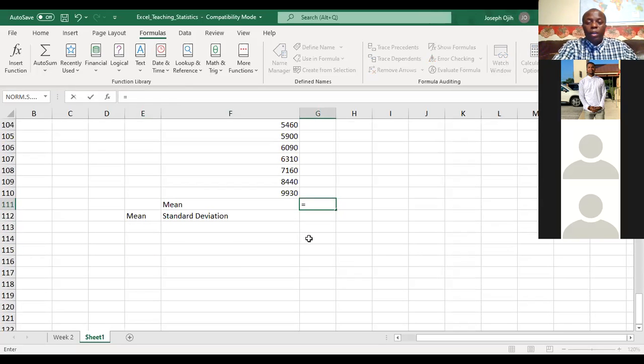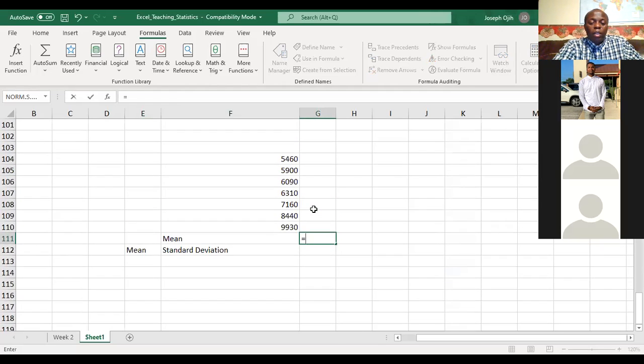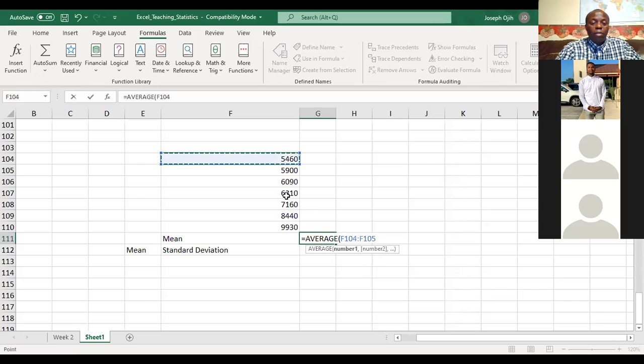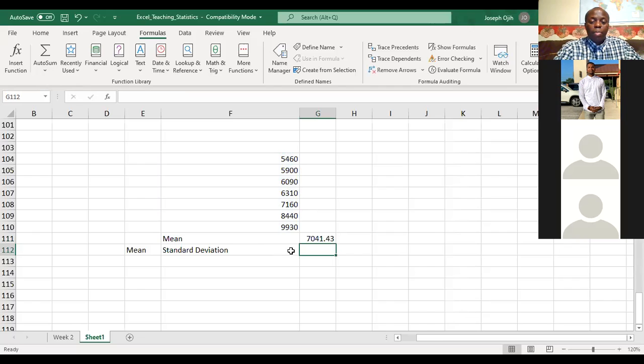Remember, to do calculation in Excel, put the equal sign first to keep it in ready mode. AVERAGE is out. I double click on that and then highlight all this, then close it and press the enter key. The mean X bar is 7041.43.